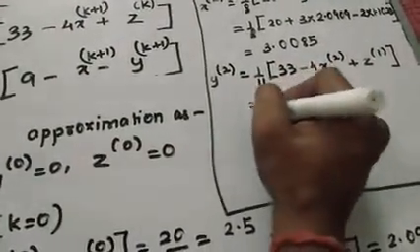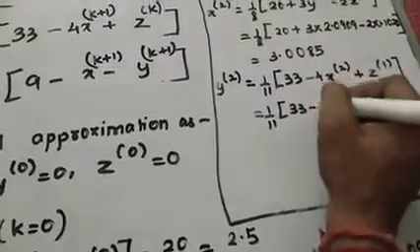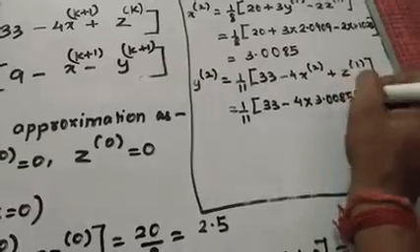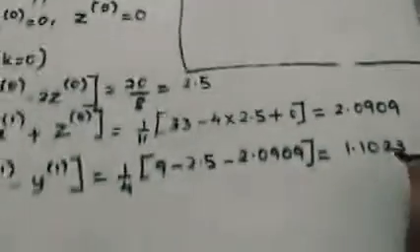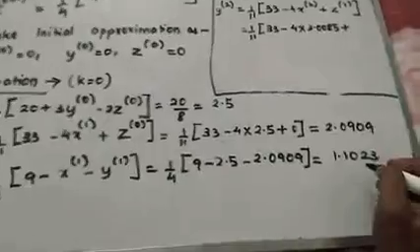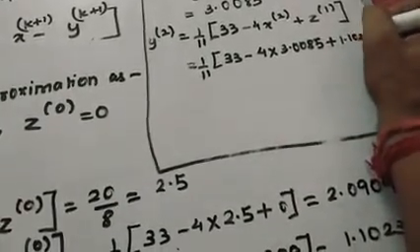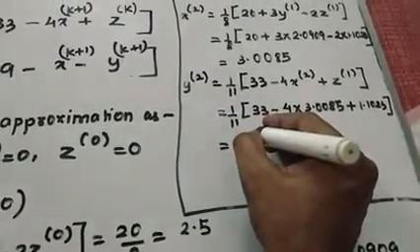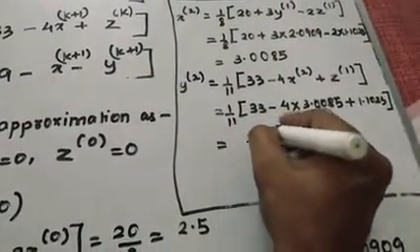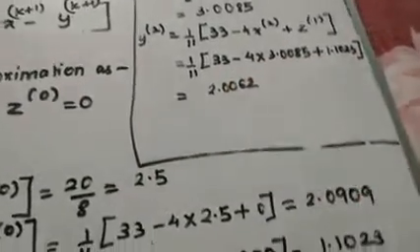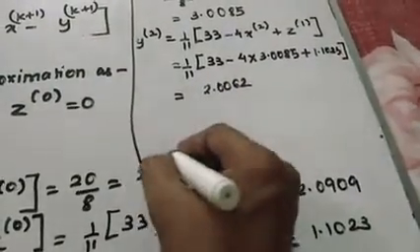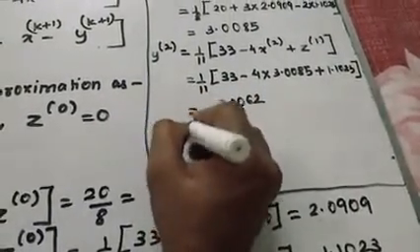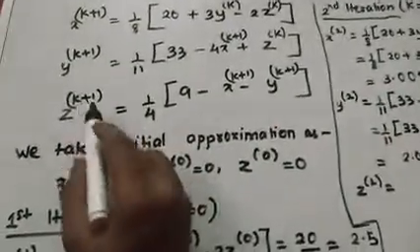So now for x2, what is the x2 value? 3.0085. z1 value from the previous one, 1.1023. After calculating, we get y2 as 2.0062. Okay. Now z2, that is putting k equals to 1, 1 plus 1 is 2.